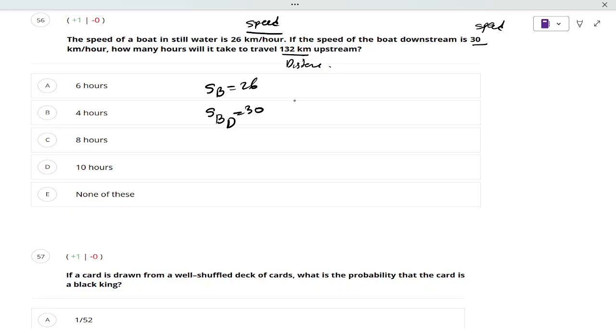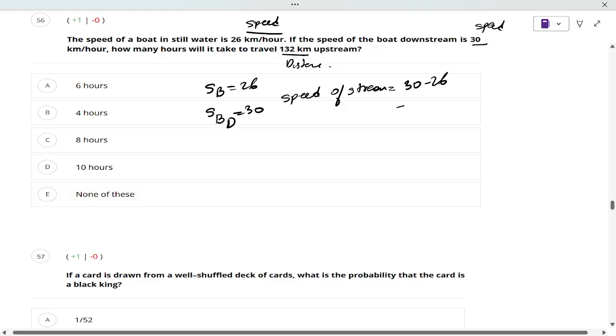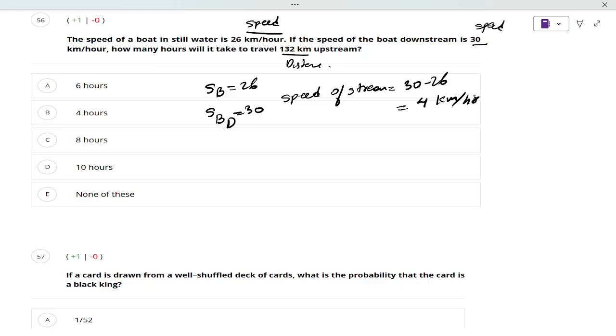In order to find the speed of the stream, I'm not going into much detail, to save our time, just subtract the two speeds, which is 30 minus 26. This will give us 4 km per hour.